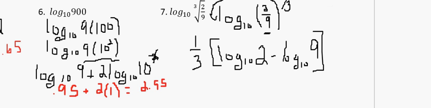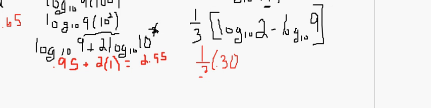Then we go ahead and replace everything with its decimal equivalent. So what I would have is 1/3 log base 10 of 2, which is 0.30. Let me scroll down a little bit here so we have a little more room to write.